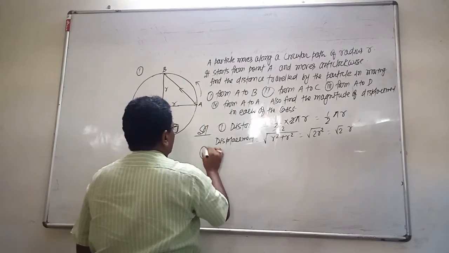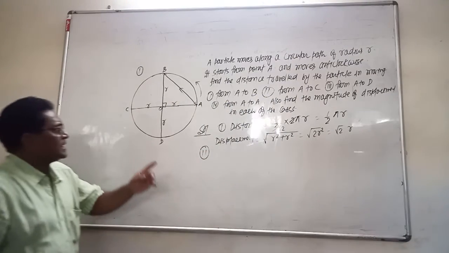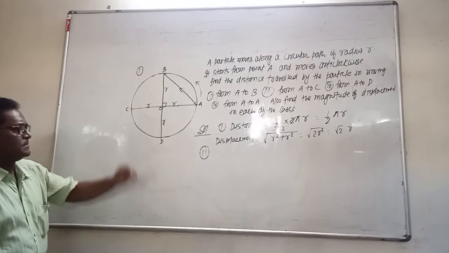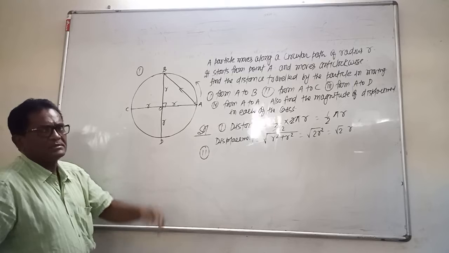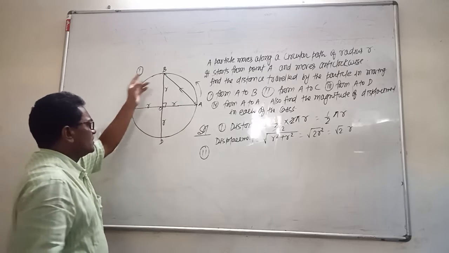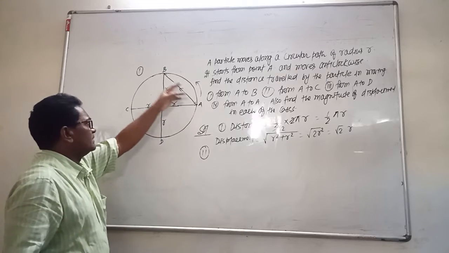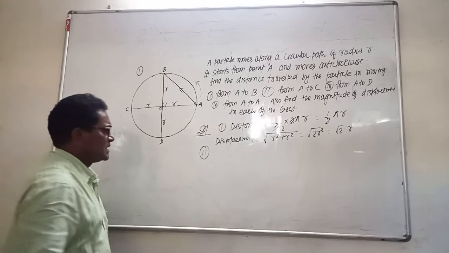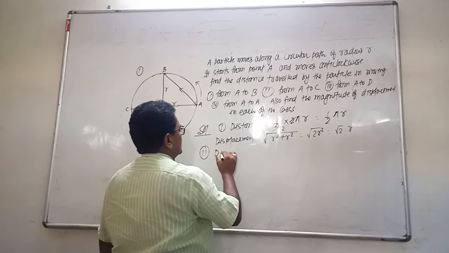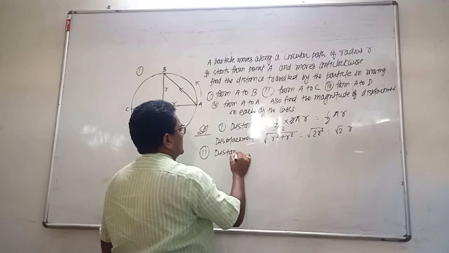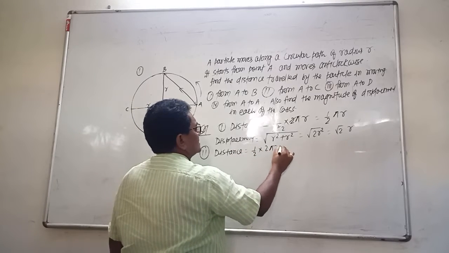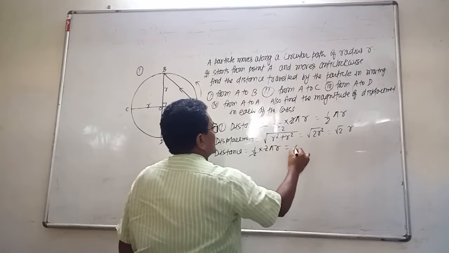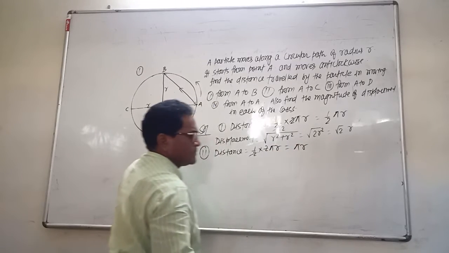Now in second case, when particle goes from A to C, it covers half of the total circumference. So distance equals half of the circumference, and circumference is 2 pi r. So the distance covered will be pi r.